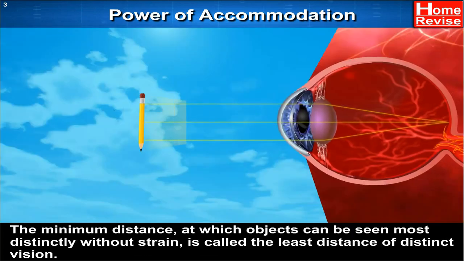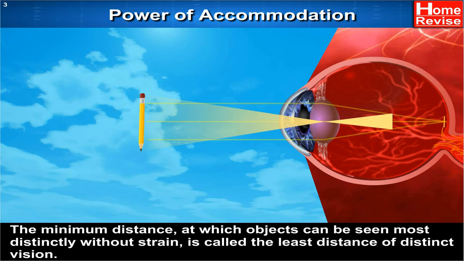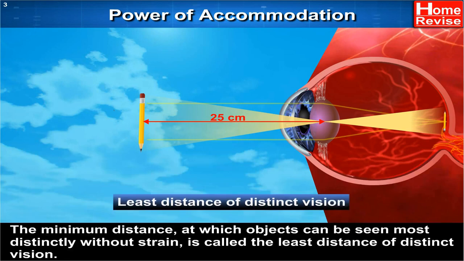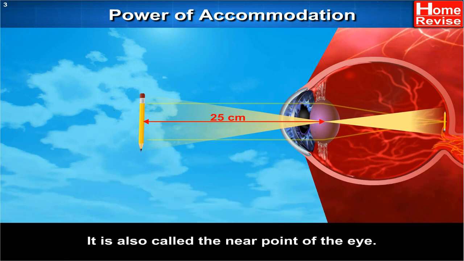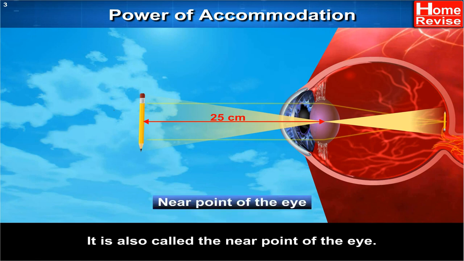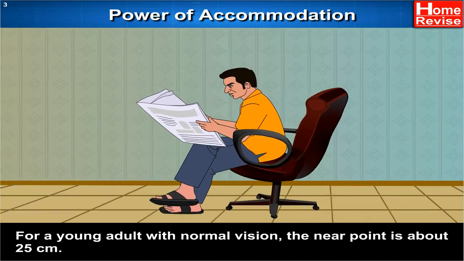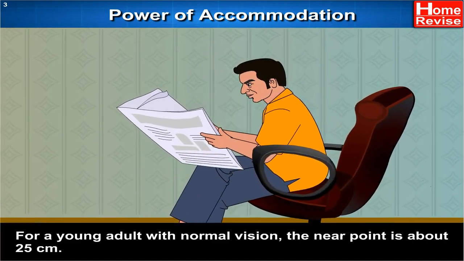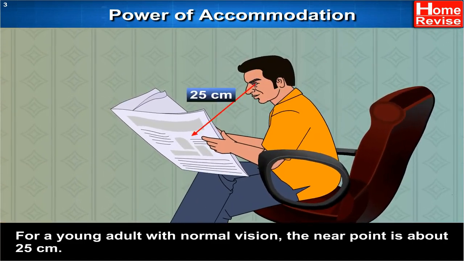The minimum distance at which objects can be seen most distinctly without strain is called the least distance of distinct vision. It is also called the near point of the eye. For a young adult with normal vision, the near point is about 25 centimeters.